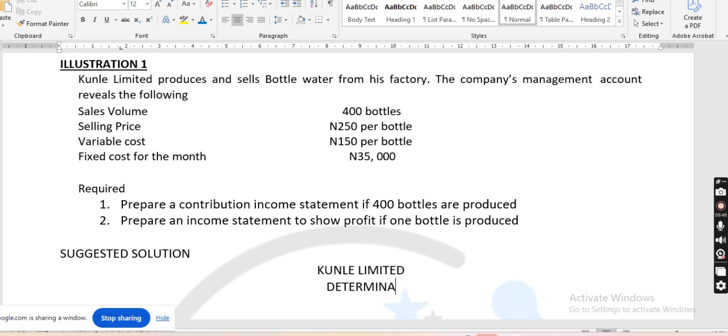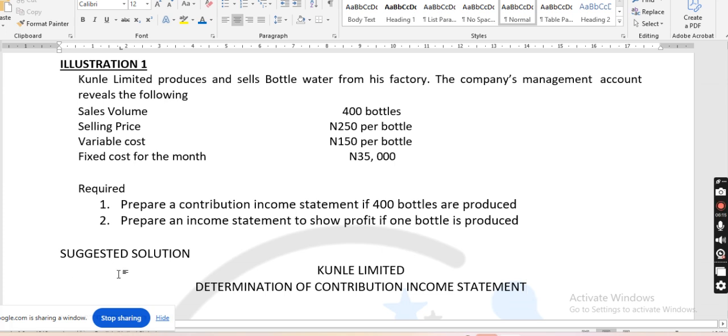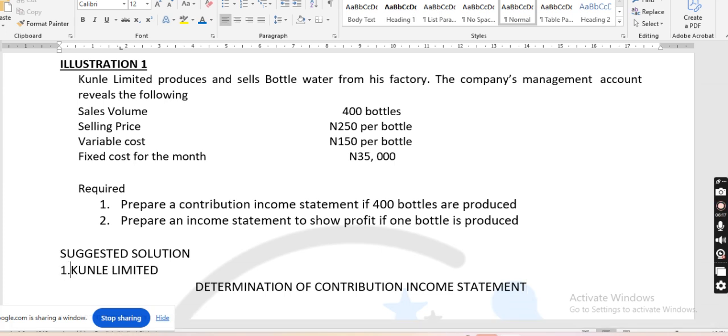Preparation of contribution income statement for the 400 bottles, which is A. So we do this one as 1.